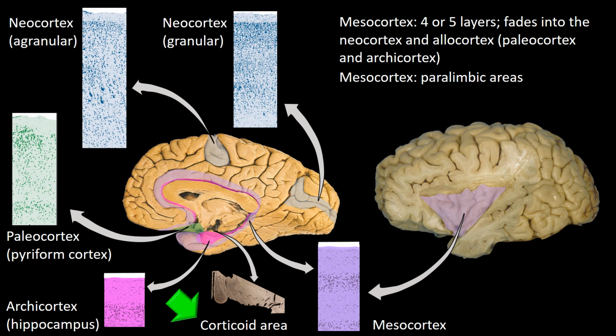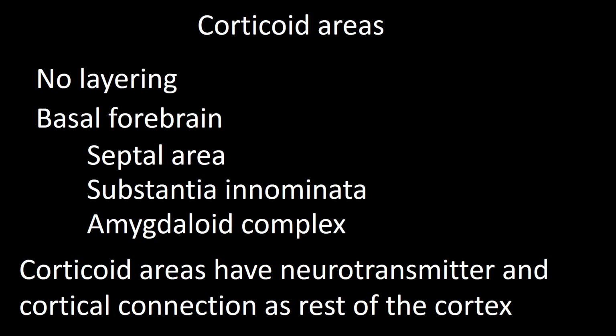And finally, there are cortical areas in which not even those with great imagination can find a trace of layering. These areas are called as a unit the corticoid area. The corticoid area, as previously mentioned, is not layered.